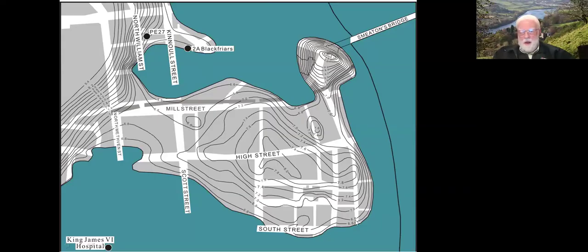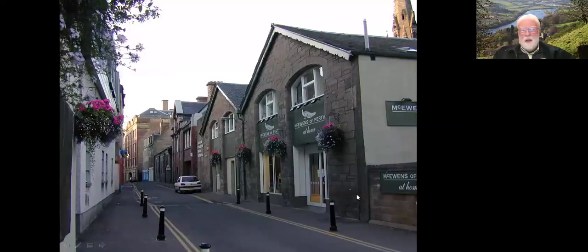And there, that street there is on a natural dry ridge and is called Watergate. And that may well be the earliest nucleus, along with St. John's Kirk, of the medieval borough. There's Watergate as it is more or less today, though this is actually a few years ago now, as quite a narrow street, but you can see how it rises in the middle. We're looking north here, and the street rises, then drops down again onto the high street.